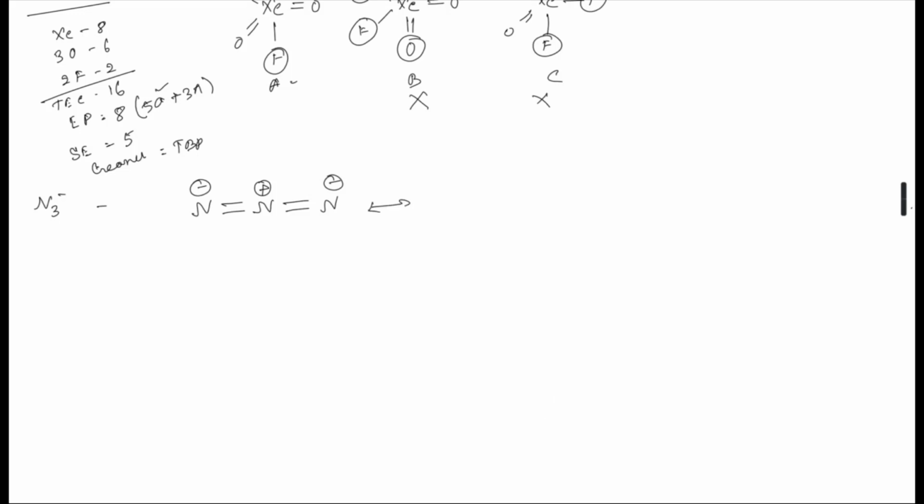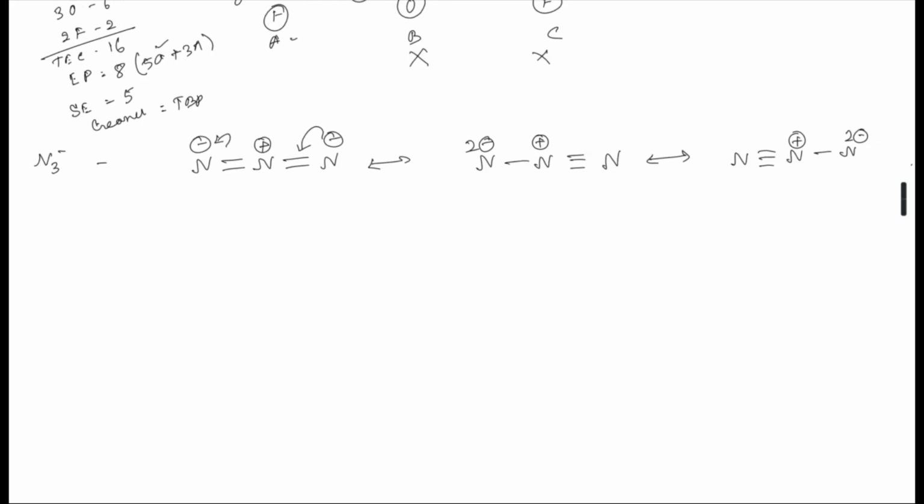It will have a resonating structure, and another resonating structure will be this. So here in this structure, this nitrogen is sp hybridized and these two are sp2 hybridized.